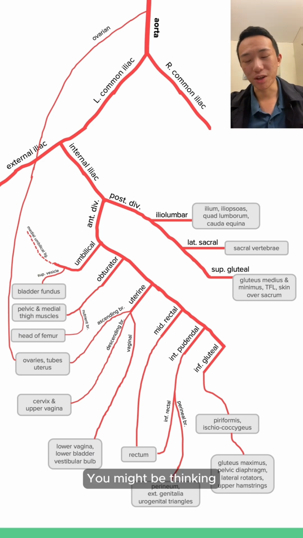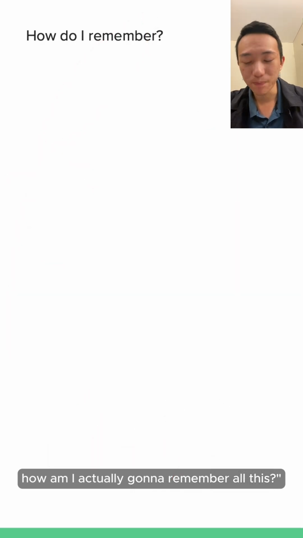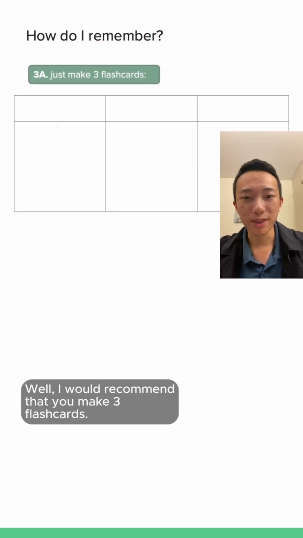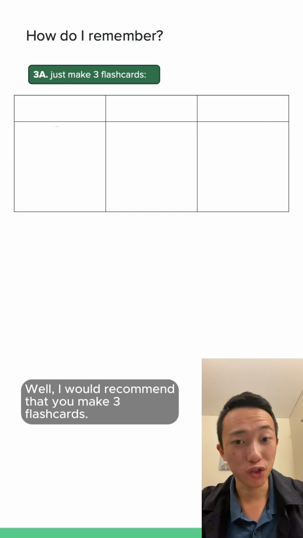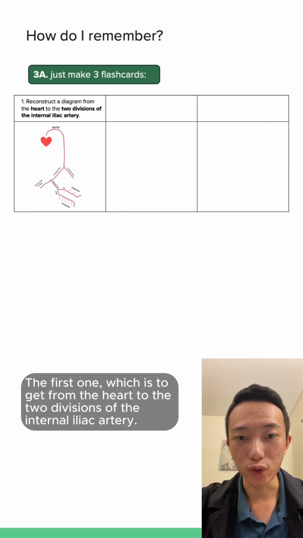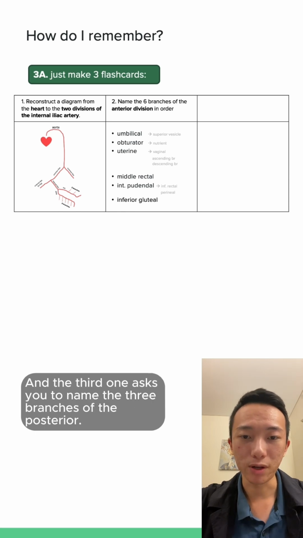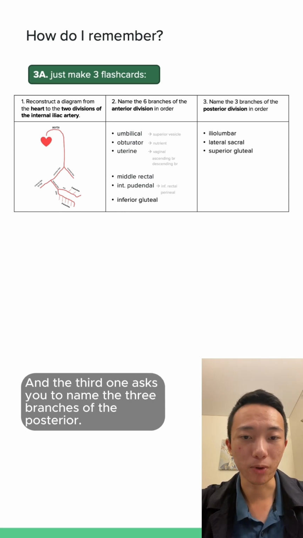So you might be thinking, well, that's all fine and good, but how am I actually going to remember all of this? Well, I would recommend that you make 3 flashcards, just 3. The first one is to get from the heart to the 2 divisions of the internal iliac artery. The second one asks you to name the 6 branches of the anterior division, and the third one asks you to name the 3 branches of the posterior.